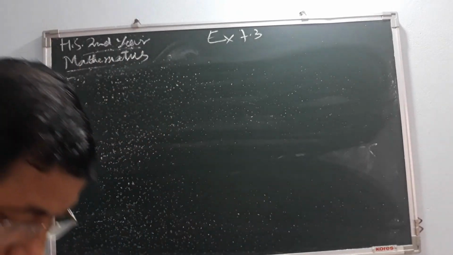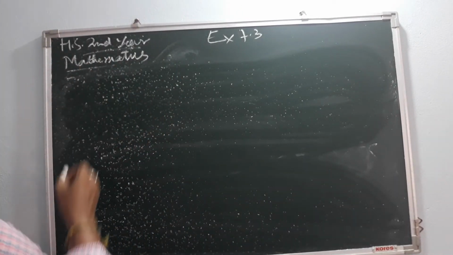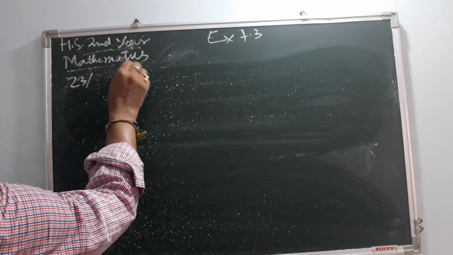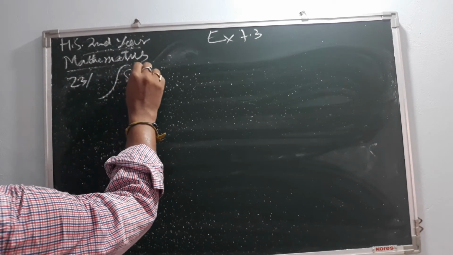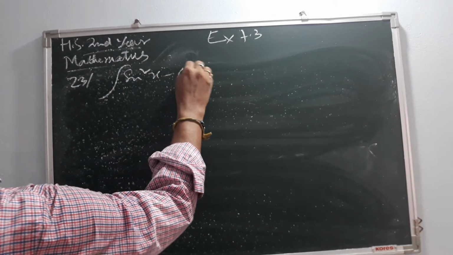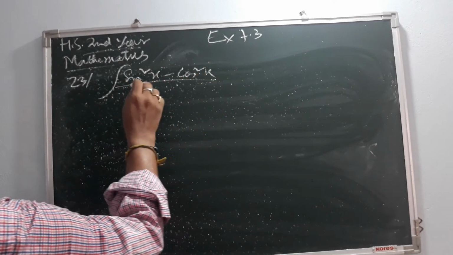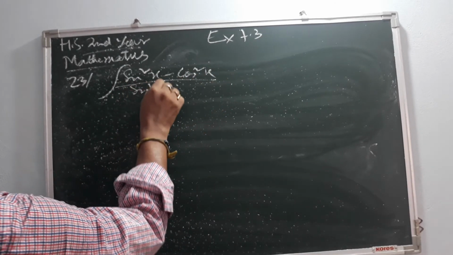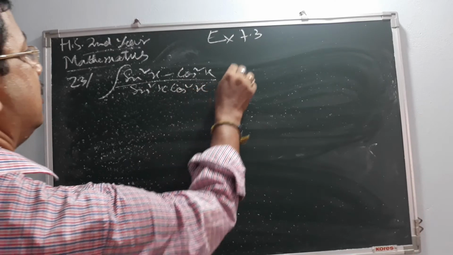Next question is question number 23. Integration of (sin square x minus cos square x) divided by sin square x cos square x dx.